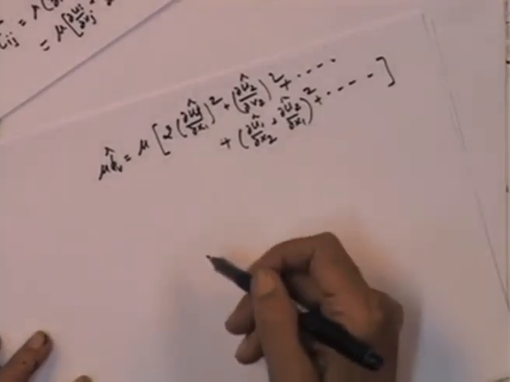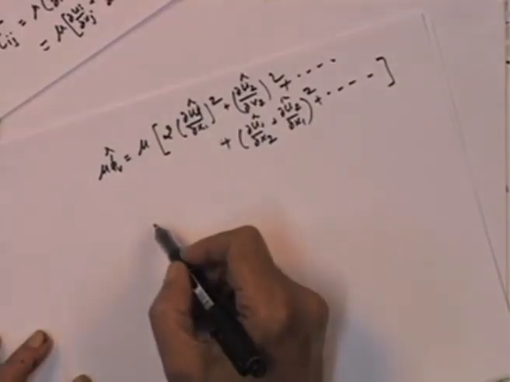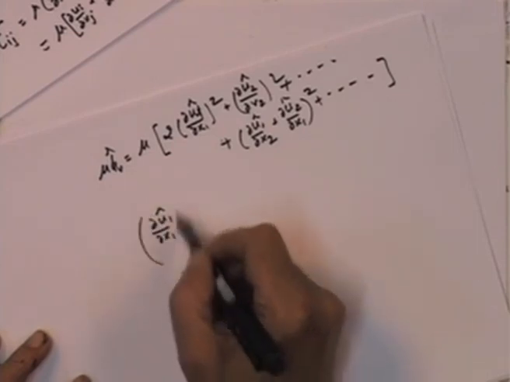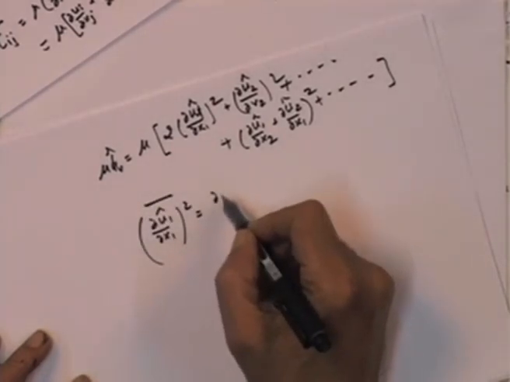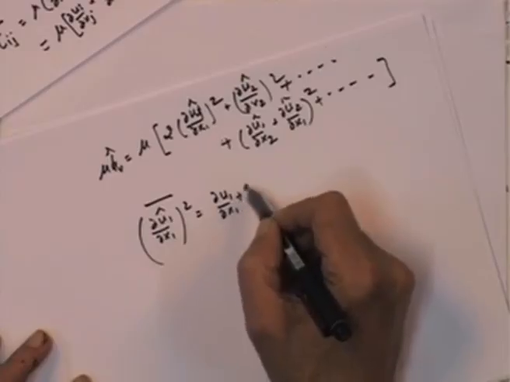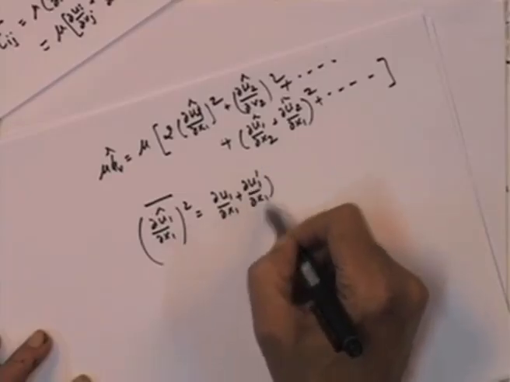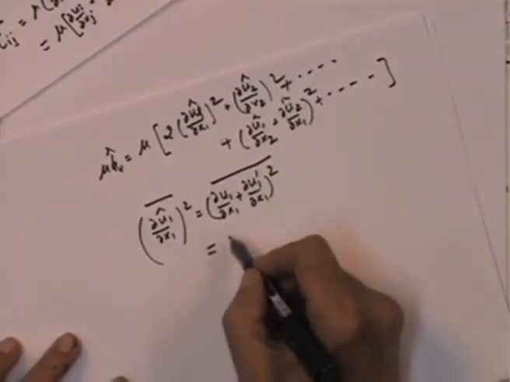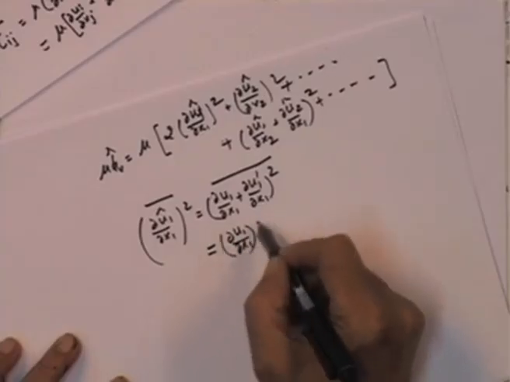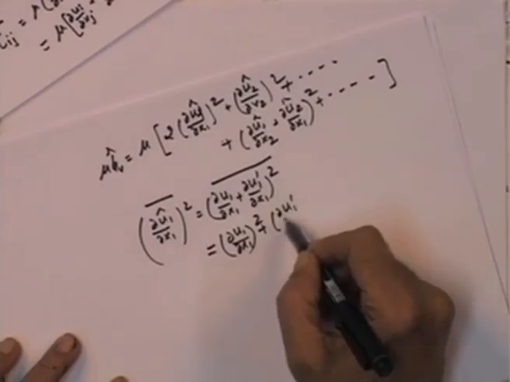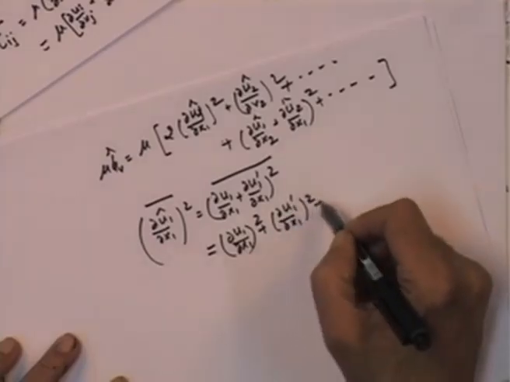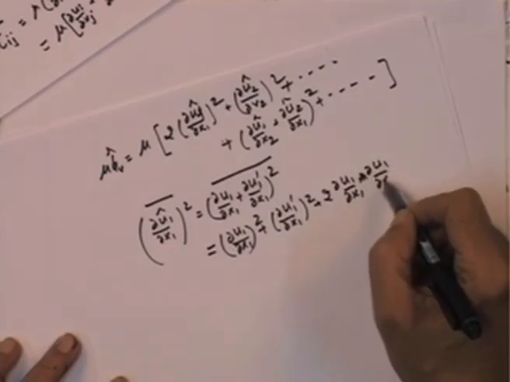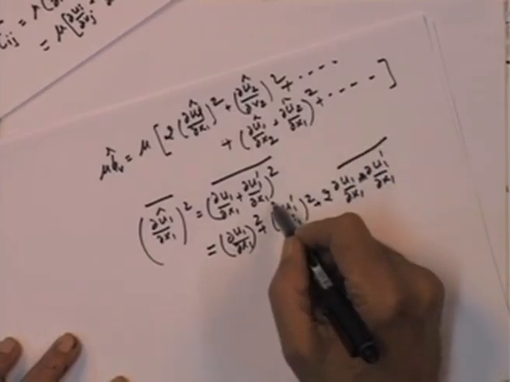If I time average these quantities, then you will see this quantity time averaged will be (du1 by dx1 plus du1 dash by dx1) whole squared time averaged, and this will be equal to (du1 by dx1) whole squared plus (du1 dash by dx1) squared plus 2 times (du1 by dx1) multiplied by (du1 dash by dx1), all time averaged.